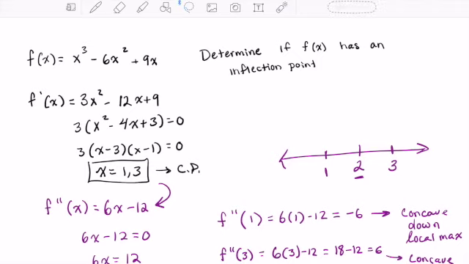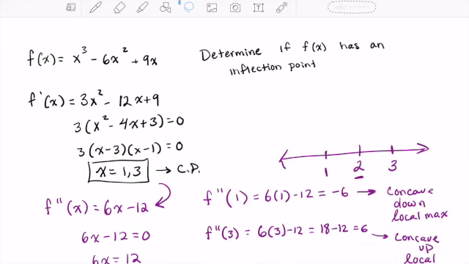I'm sorry, the video may cut off here a little bit. So what that tells me is at 1, we are concave down. We have a maximum there. And then at 3, we get a local min, so I know I'm concave up.